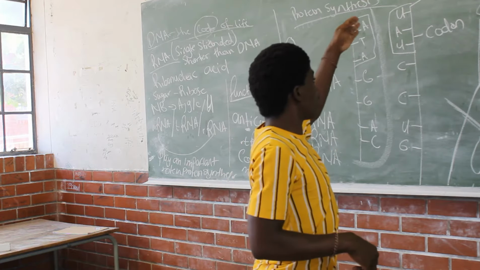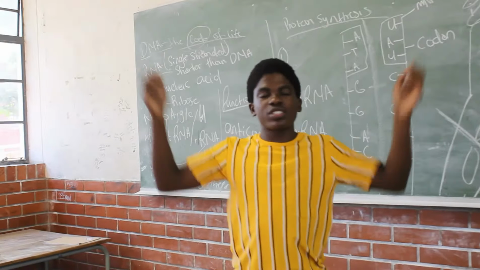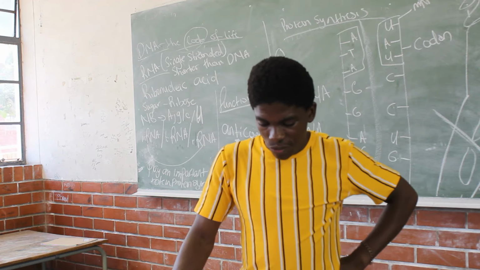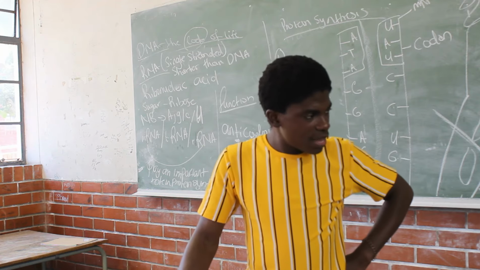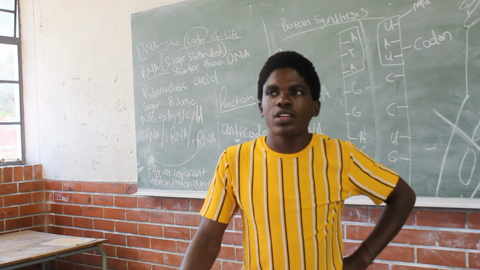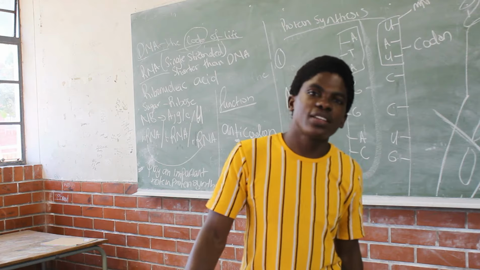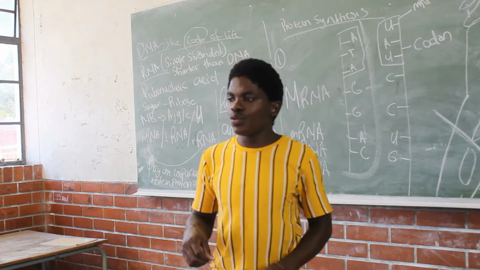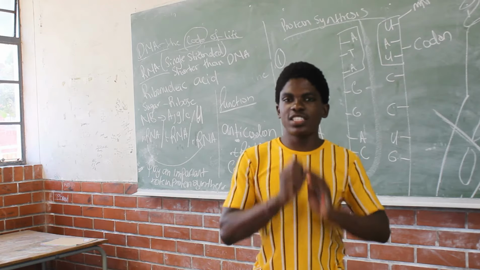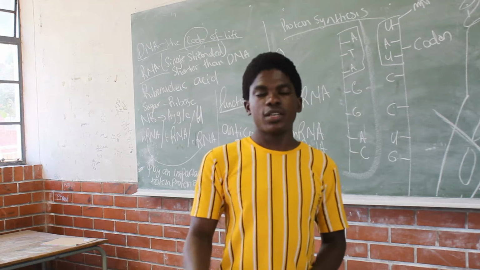According to these codons, it's like a beacon, or I don't know what to call this thing. When you are using a microchip to track something, and it's emitting sounds or waves, so that you are able to track where it is.